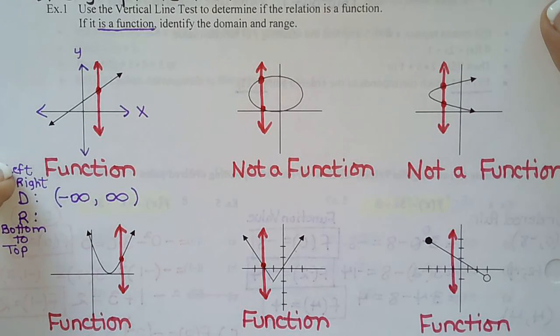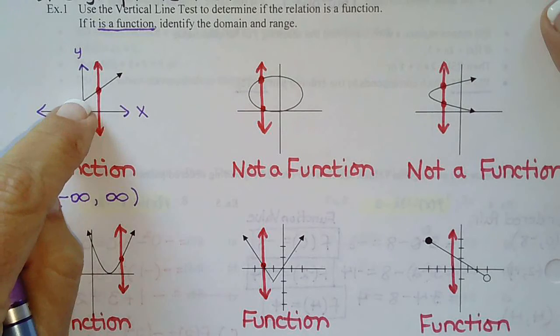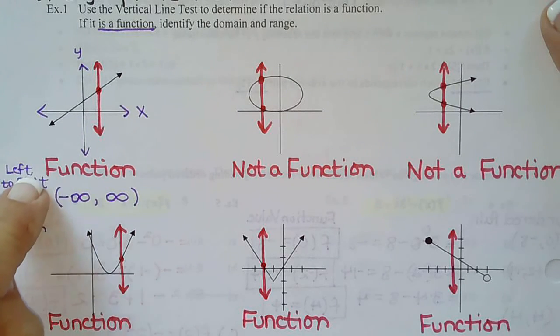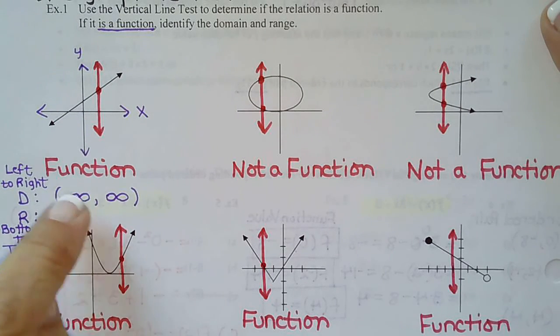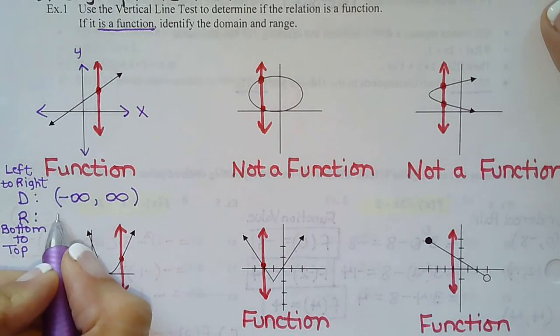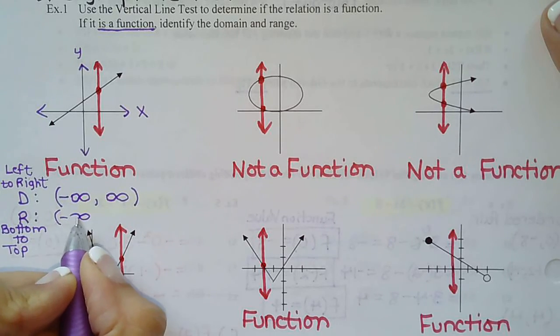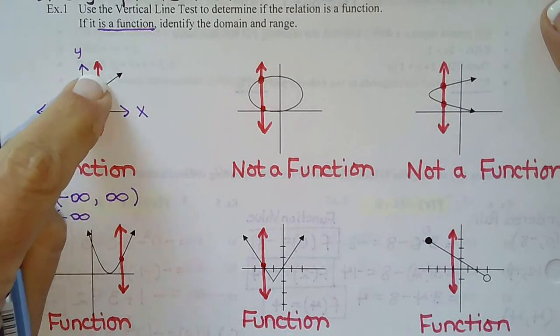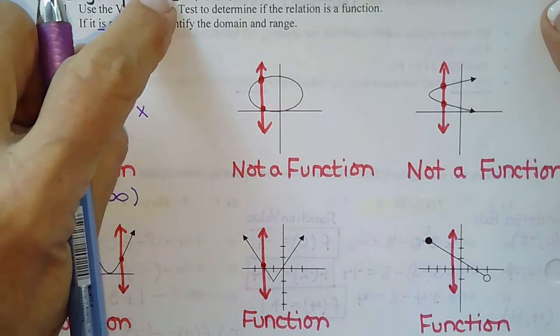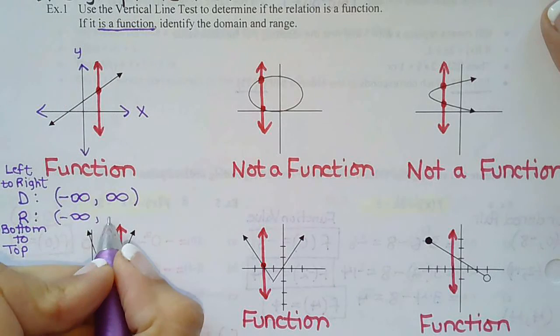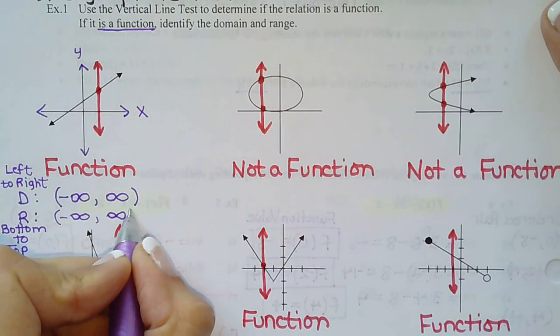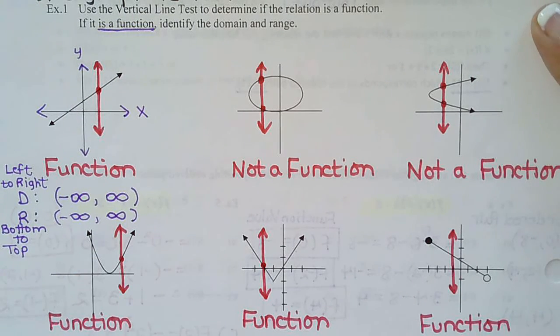Sometimes I just go L to R, B to T, but I always have to start with the smallest. So what's the smallest y? Well, this graph goes down forever. So the smallest y value is again going to be negative infinity. And then we go to the top. Well, this line keeps going up forever. So because of the arrows, the range is going to be positive infinity.